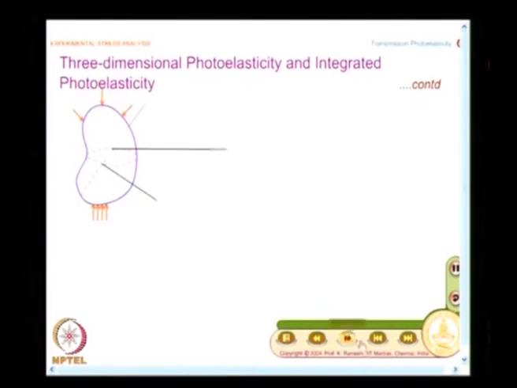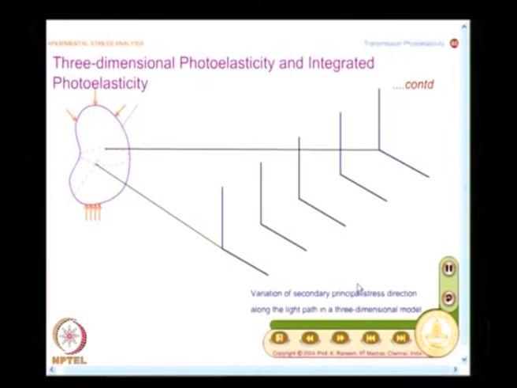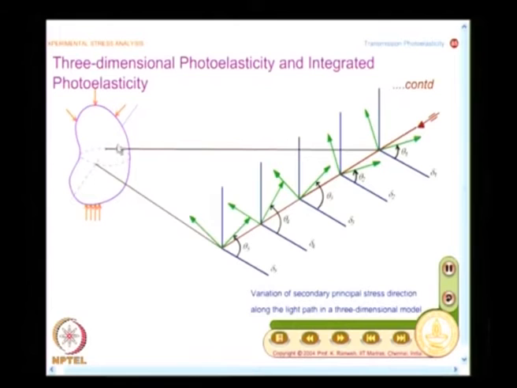Now, let us look at what really complicates our analysis. So, what you have here is a 3-dimensional model, and I have a light path that passes through the model, and this passes through several planes of the model, and this is expanded and a representation is given. Suppose I take plane 1, that behaves like a retarder.